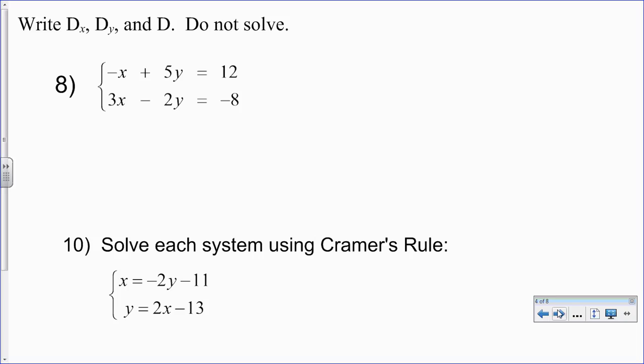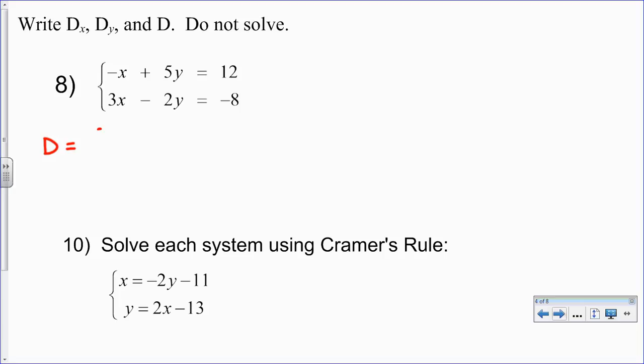And we're just going to, for this one, write out the matrices. It says find dx, dy, and d. It's not asking us to find the determinant because it doesn't have the bars around them. So just writing out the matrices. I always start with D, the original one.